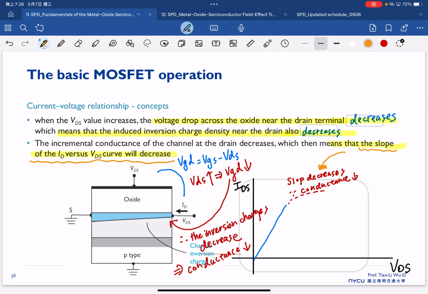So now we can understand that once we increase VDS, we cannot have a linear increase of our drain current. But in the end, we start to see the slope decrease to a certain point.